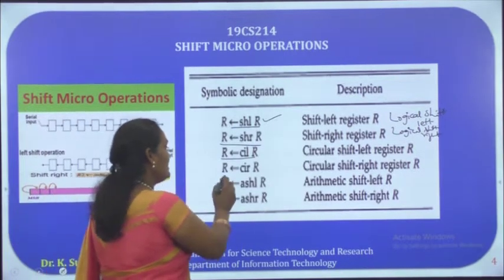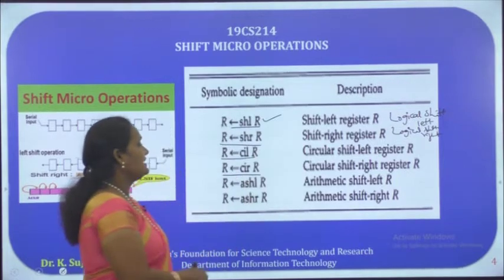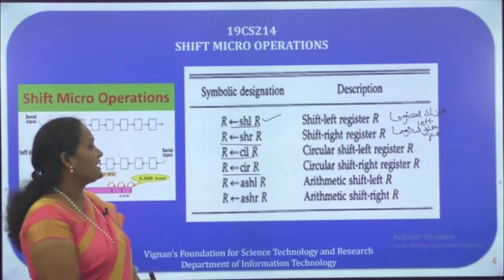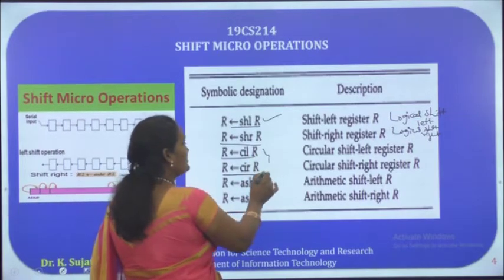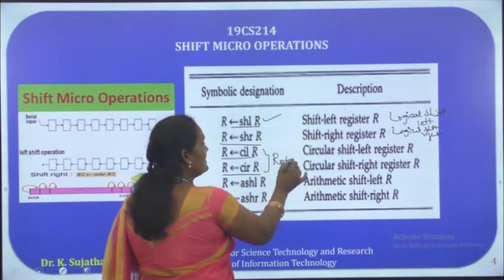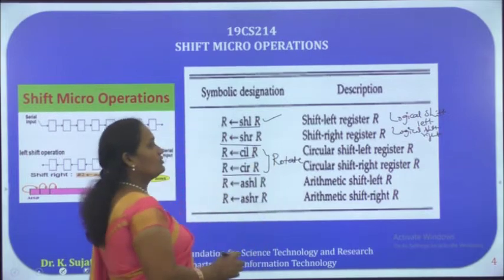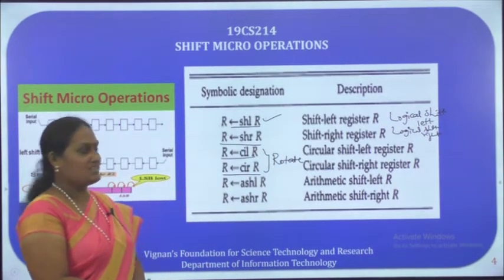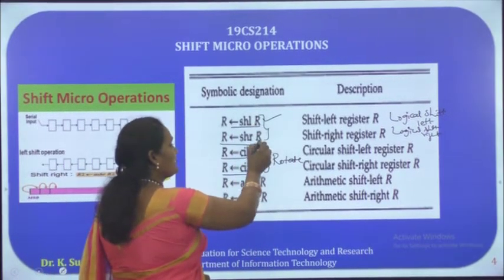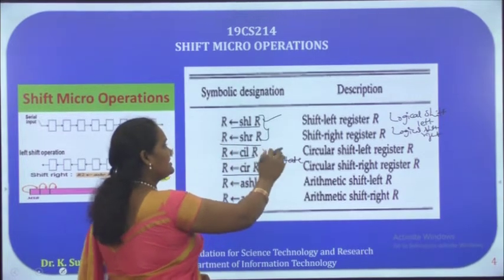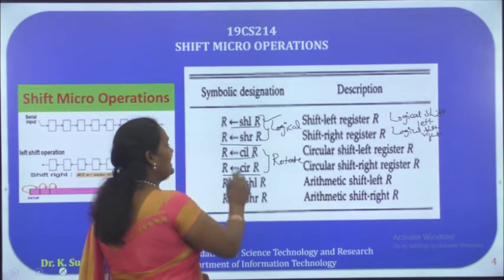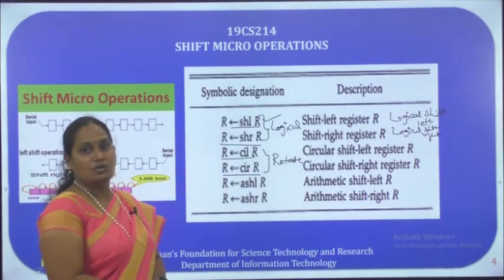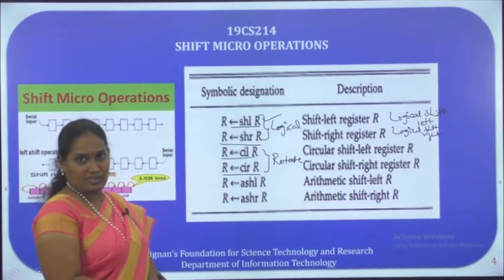In the same way, R ← CIR R is circular shift right. These two circular shift operations are also called rotate operations. The first two, simple left shift and right shift, are called logical shift operations, and these two are called rotation operations or circular shift operations.